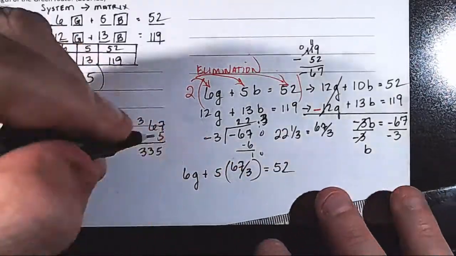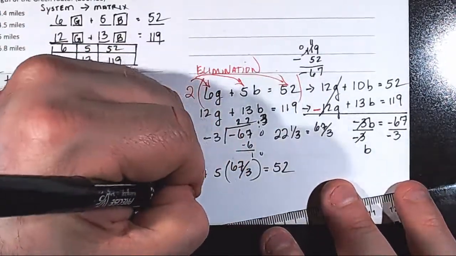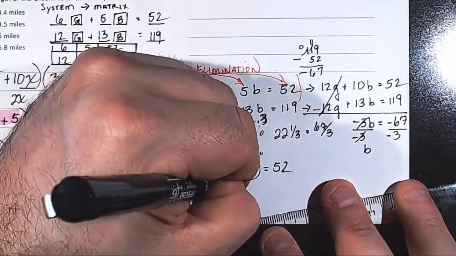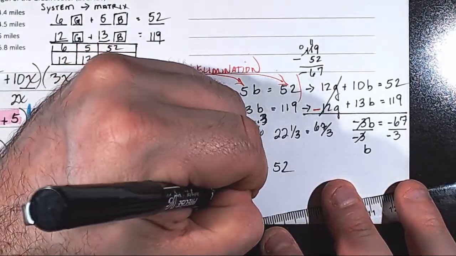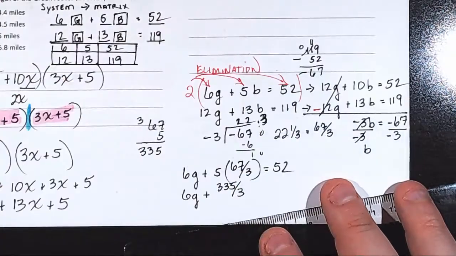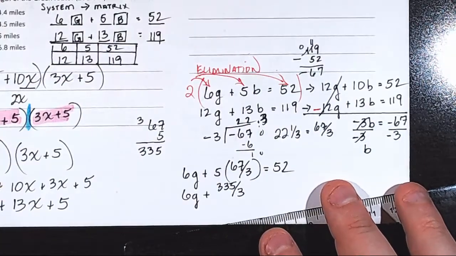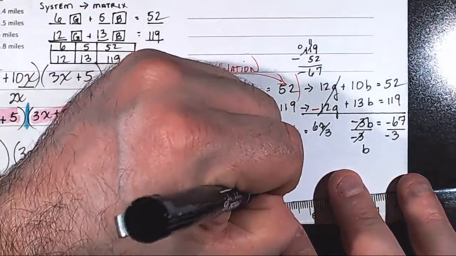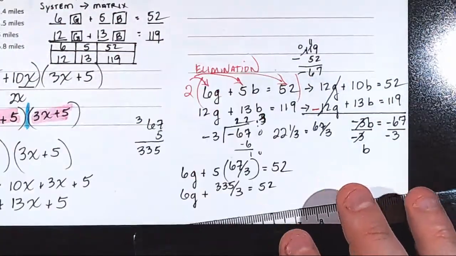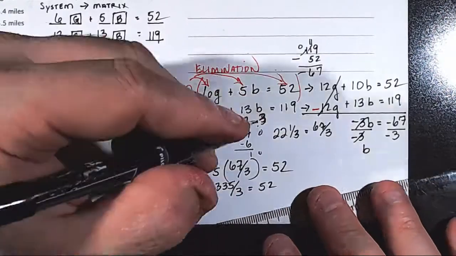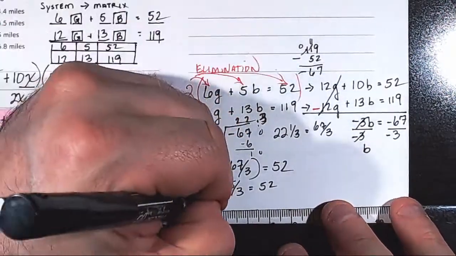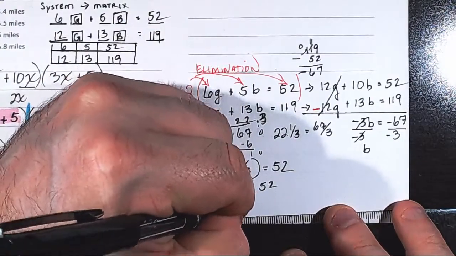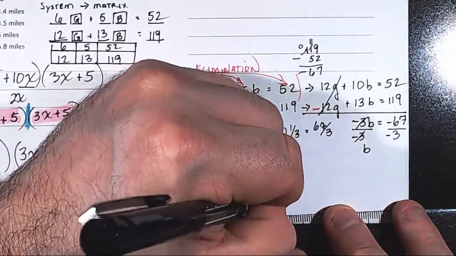Now I've got 6g plus 335 over 3 equals 52. Is 335 divisible by 3? 3 plus 3 is 6, plus 5 is 11, so it's not divisible by 3. So what to do? We're going to get 6g by itself by subtracting 335 thirds from both sides.